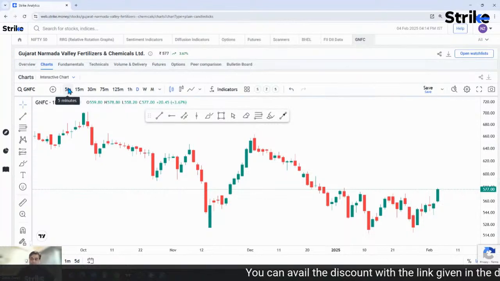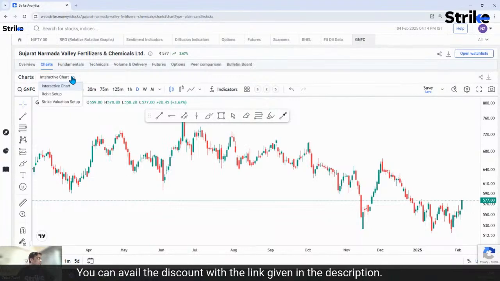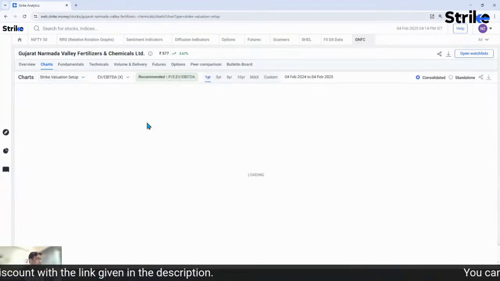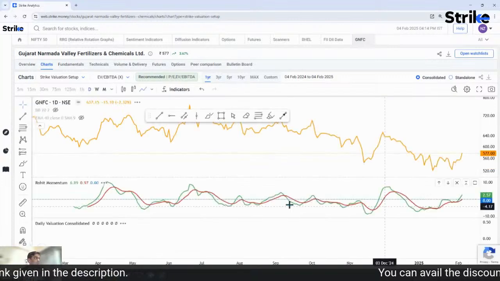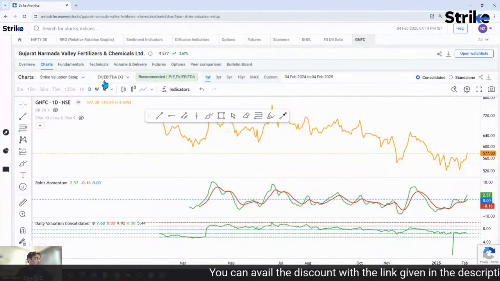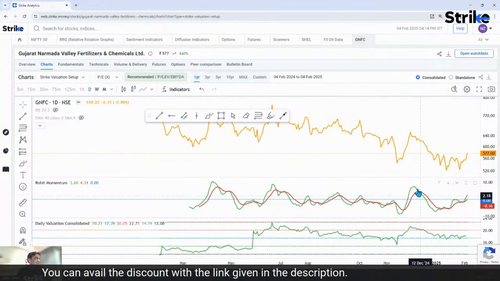All right. And if you also want to look at any valuation, then the third option, strike valuation setup, will show you the bottom line over here. It will show you the stocks, EV by EBITDA, and the other valuation ratios.